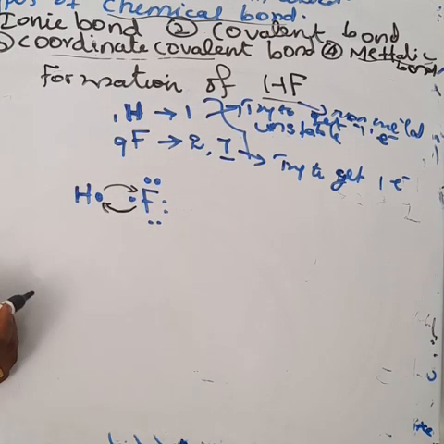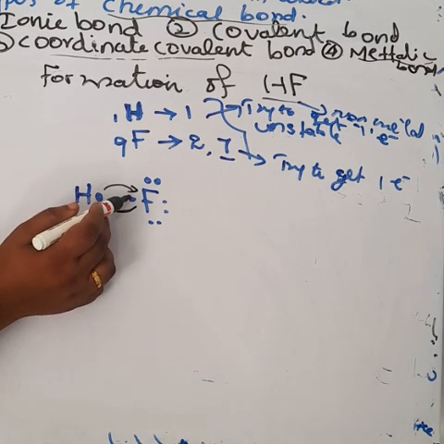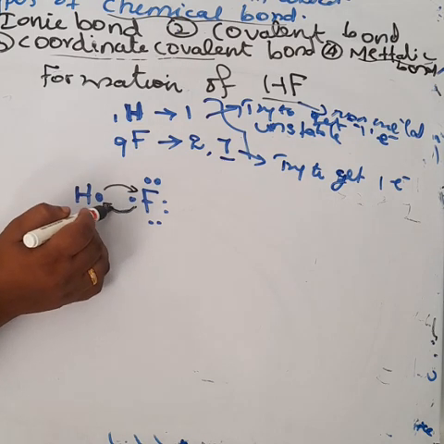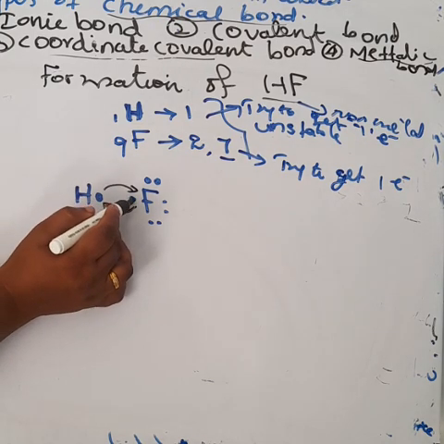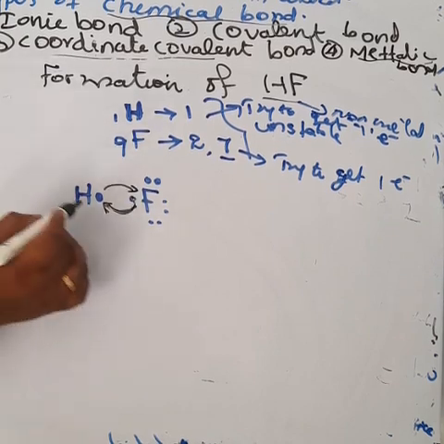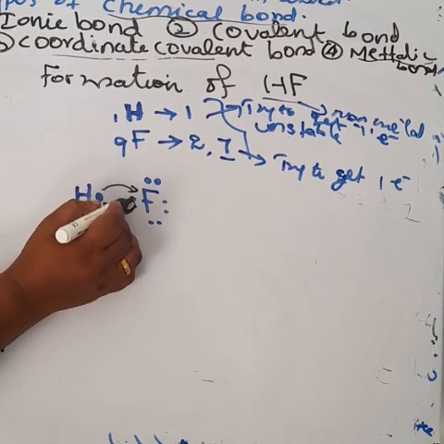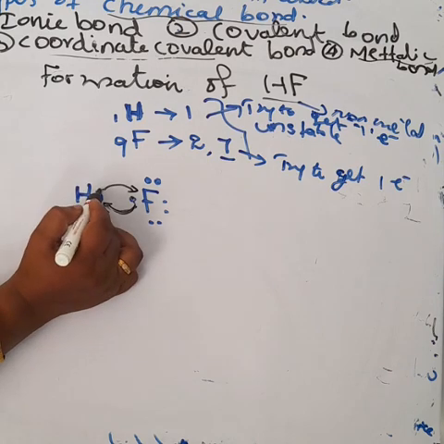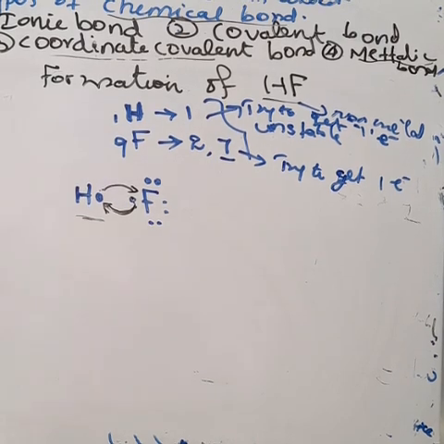Okay, understood? The hydrogen atom has only 1 valence electron and always tries to get 1 electron. So when hydrogen and fluorine combine, the hydrogen atom gets 1 electron from the fluorine atom. So the fluorine atom gives this 1 electron to this hydrogen atom. At the same time, this hydrogen atom gives this electron to this fluorine atom.